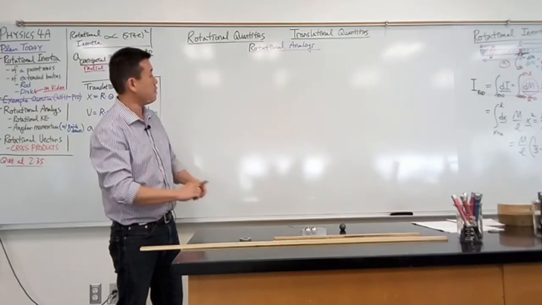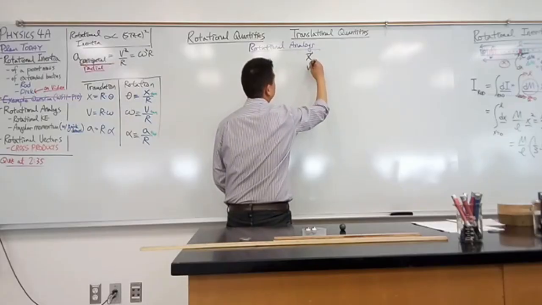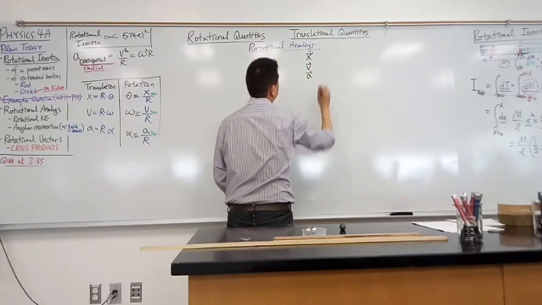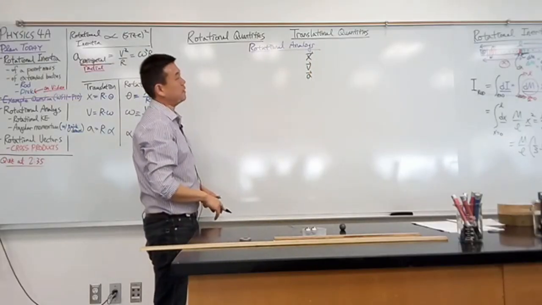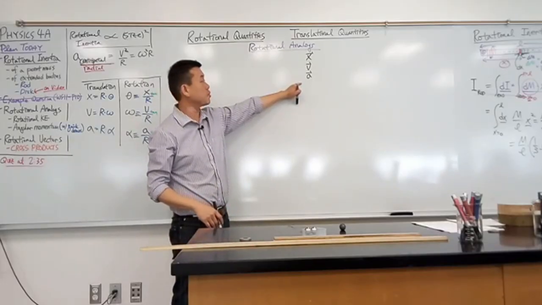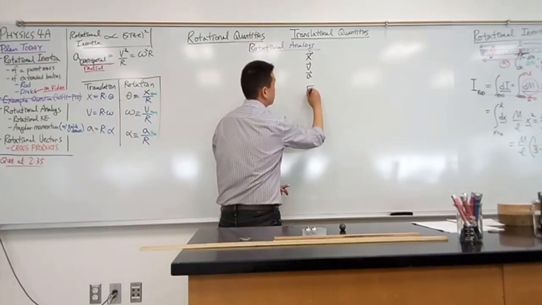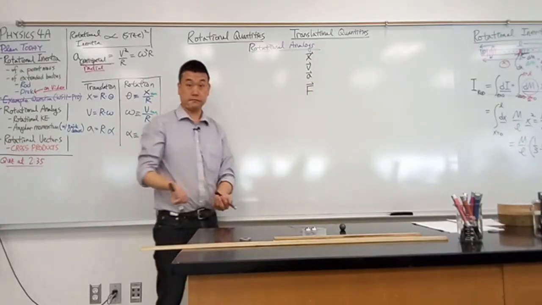So in translation, we have the kinematical quantities: position, velocity, and acceleration. These describe motion. And we had a question of, what causes motion? And what causes motion is force, right?